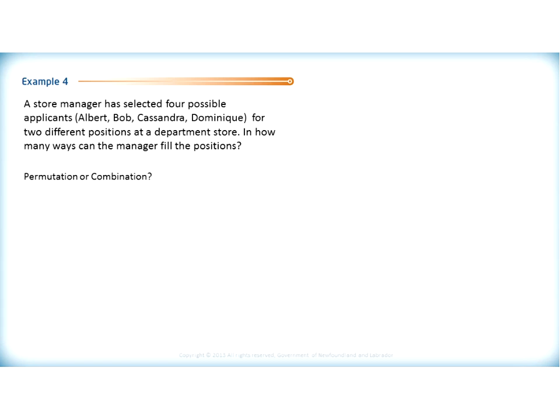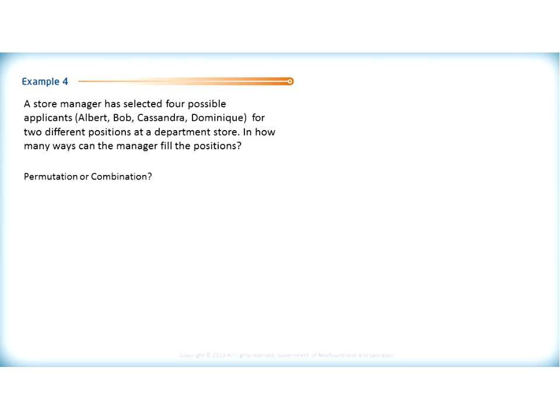Example 4. A store manager has selected 4 possible applicants, Albert, Bob, Cassandra, and Dominique, for 2 different positions at a department store. In how many ways can the manager fill this position? 2 different positions. And notice there are different positions.